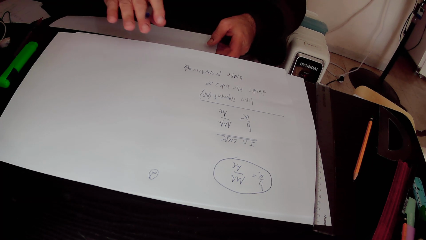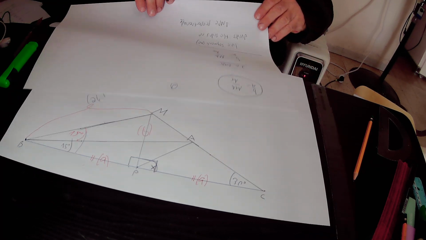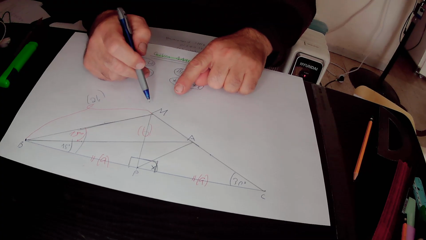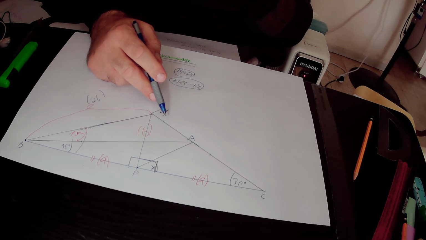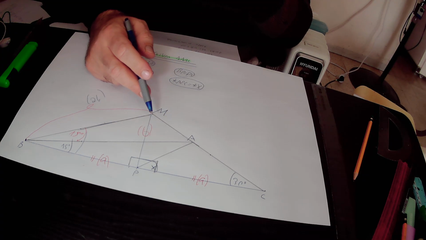And because line segment AP divides the sides of this right triangle MPC proportionally, line segment AP must be the angle bisector of this triangle MPC.